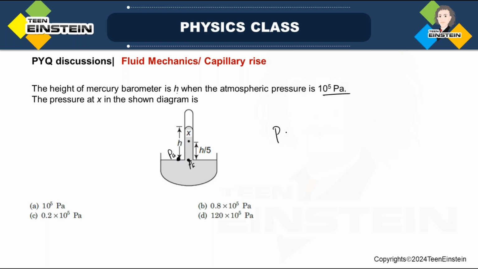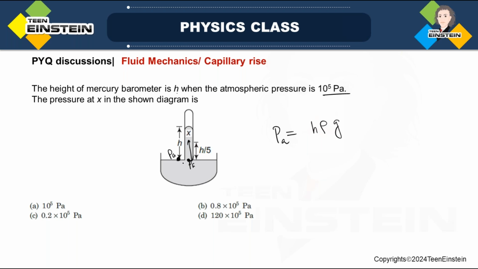So the pressure we have at this particular position is the total H rho G. This is equal to atmospheric pressure, up to this point, H rho G. Now what is the pressure up to here?